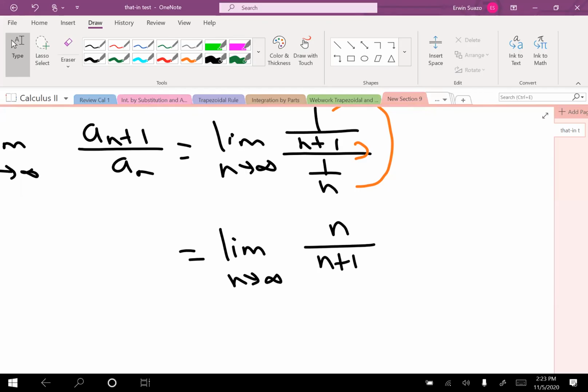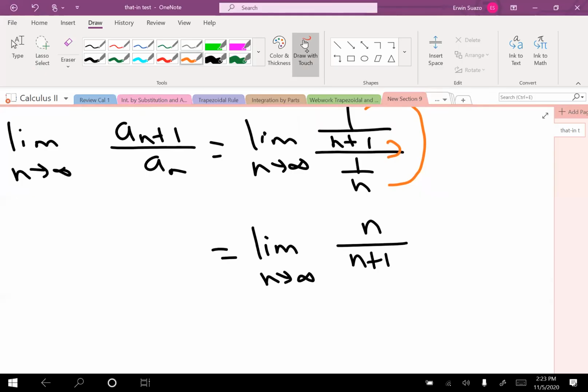So what do we do? We divide by n. So we divide everything by n. We divide by n over here, divide by n, divide by n.